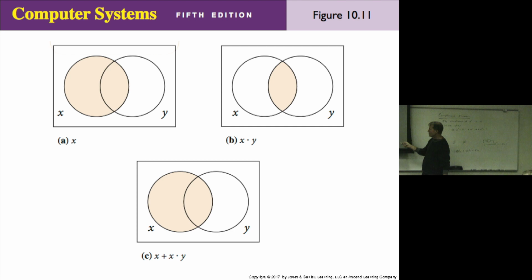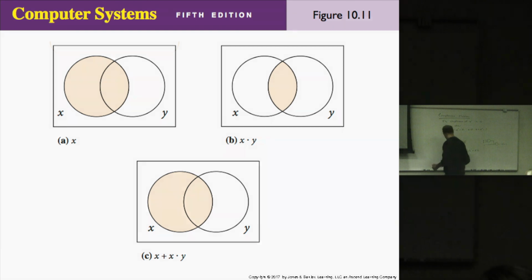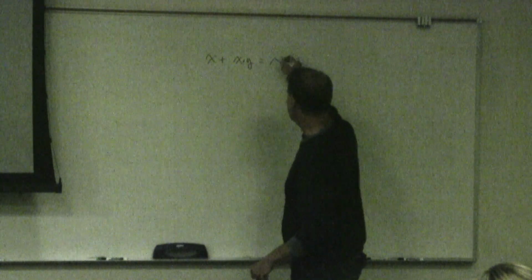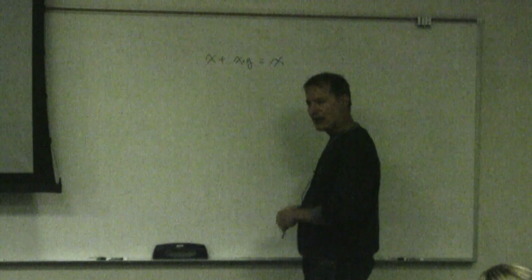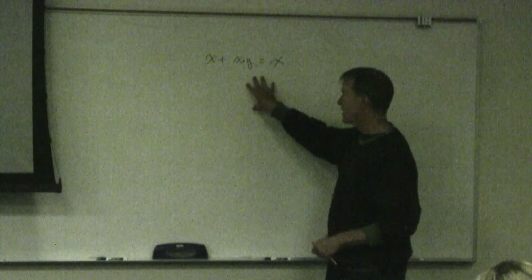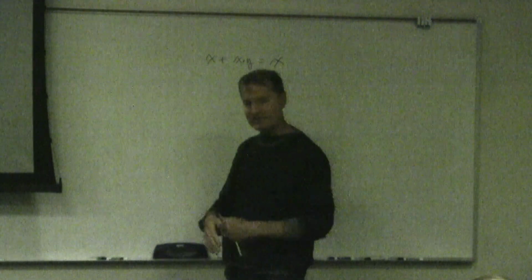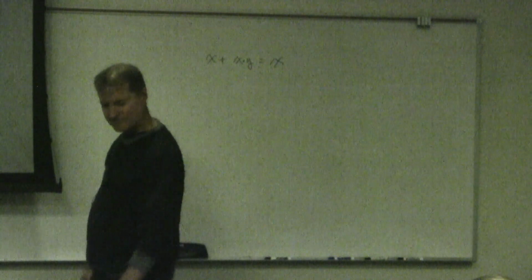You get X. We said that the union corresponds to OR, so this is illustrating that X or X and Y equals X. That's one way you can visualize this absorption property with Venn diagrams. Kind of another way to look at things. Okay?